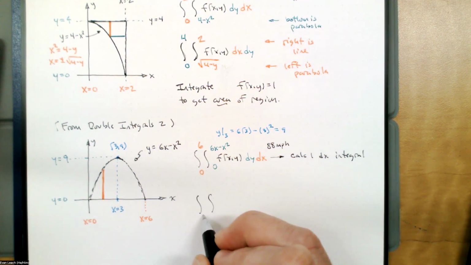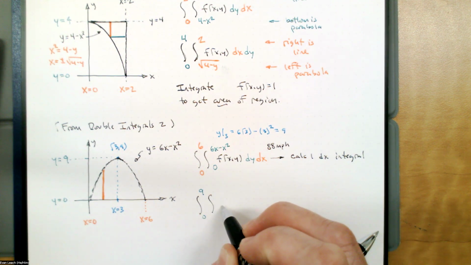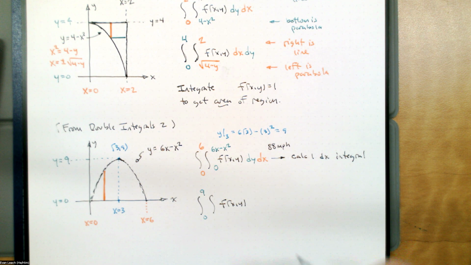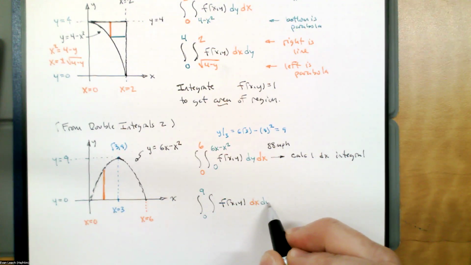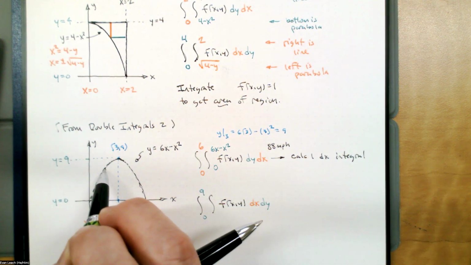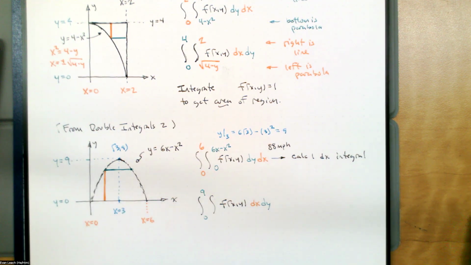the y part is easy. We'll go from 0 to 9. But on the x part, we're going from the left side of the parabola to the right side of the parabola.